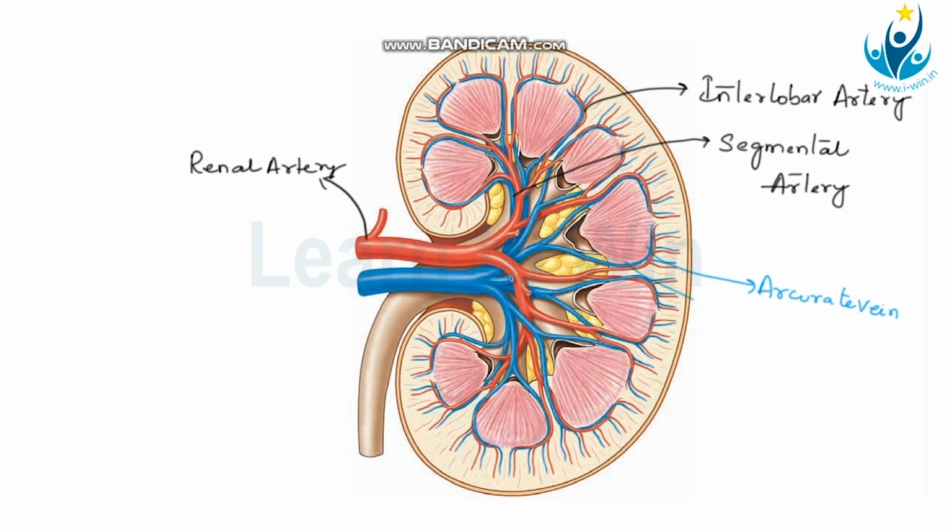This is my interlobar vein, and the interlobar veins are all joining. All the interlobar veins are joining to these branches here. These branches become our segmental veins.